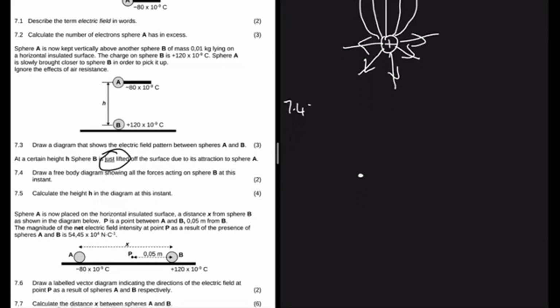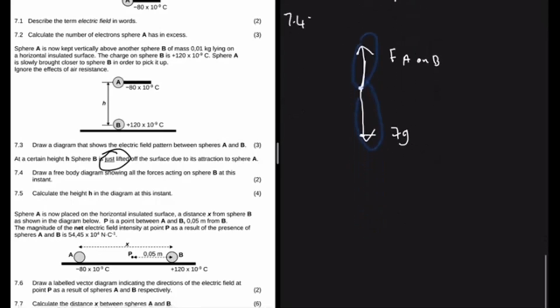If sphere B is being lifted off, it's going to be lifted off by the attraction from sphere A. So let's have an arrow pointing up here and label it FA on B, and what's keeping it down is gravity, because it has a mass of 0.01 kg. So let's have FG here. We need these two forces to be approximately equal to each other because the sphere was just lifted off.